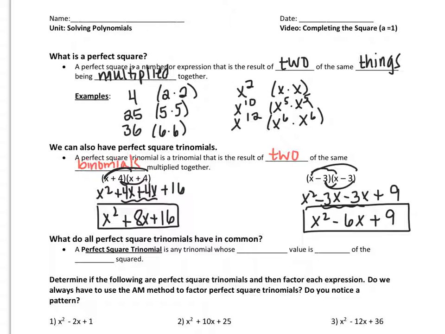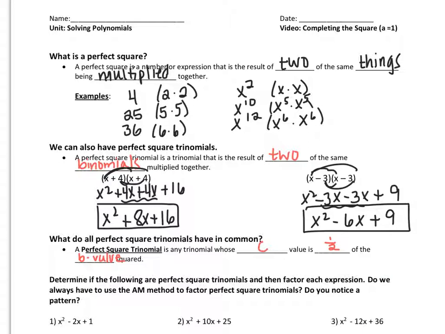Alright, now we're going to try to make a connection about what all perfect square trinomials have in common. They're all trinomials whose c value is half of the b value, squared.